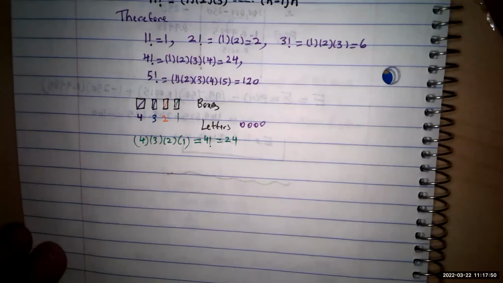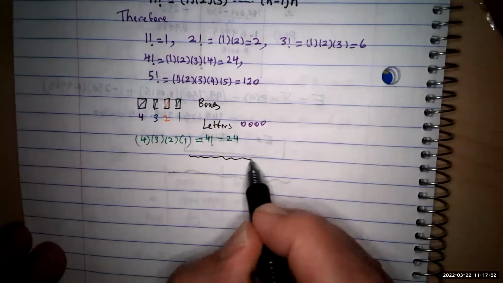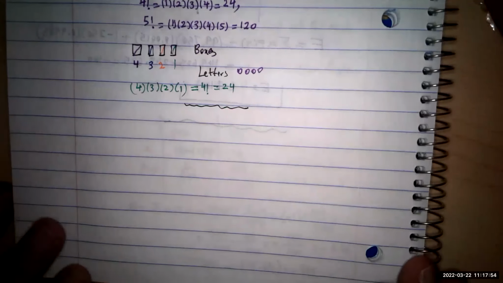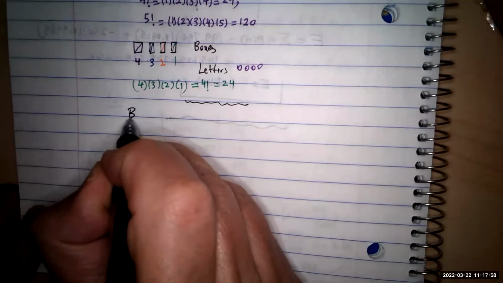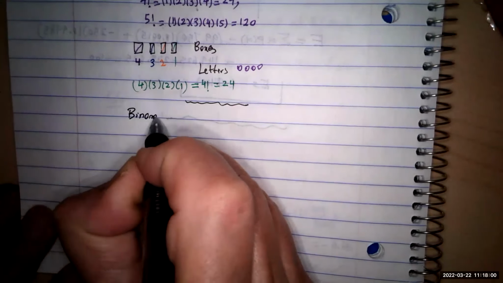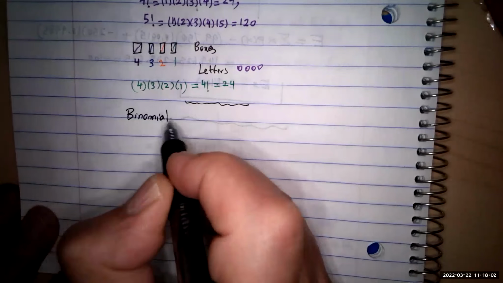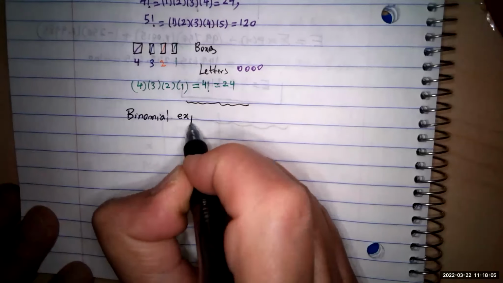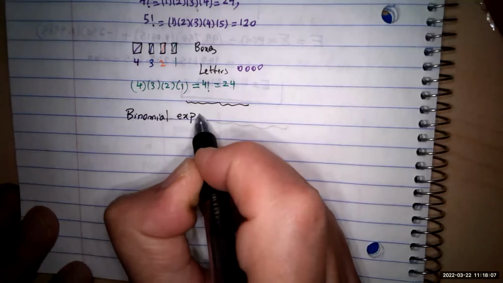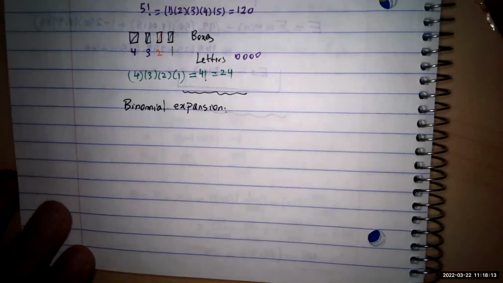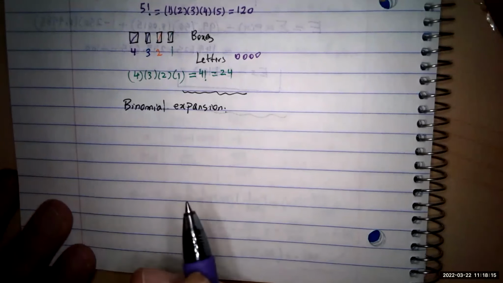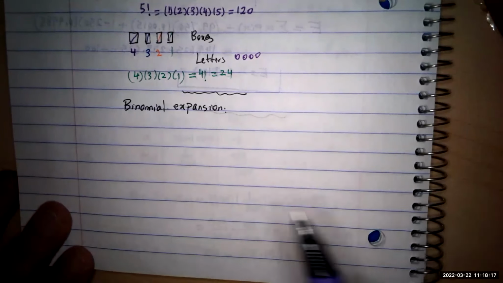One notation is why we call this one binomial case. That's a binomial expansion from algebra. Remember that? The binomial expansion identity that you have in algebra: a binomial is just 2 terms.